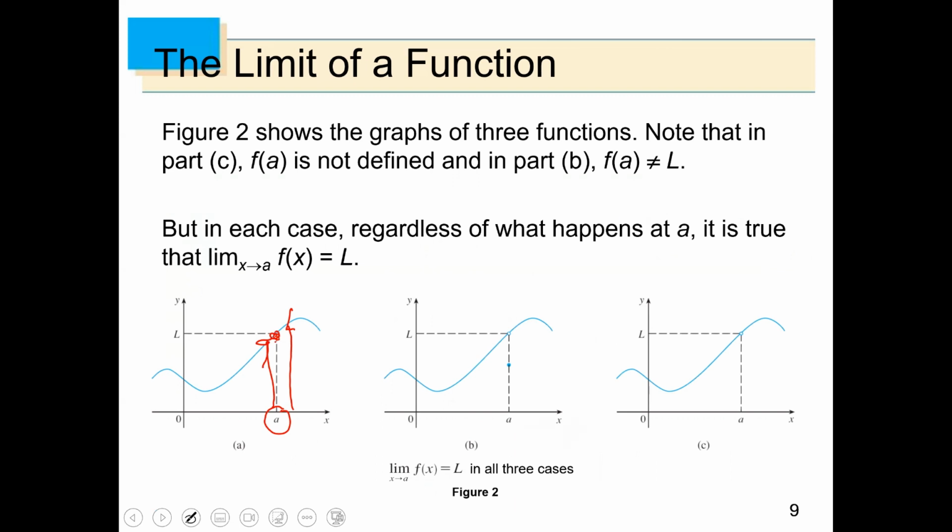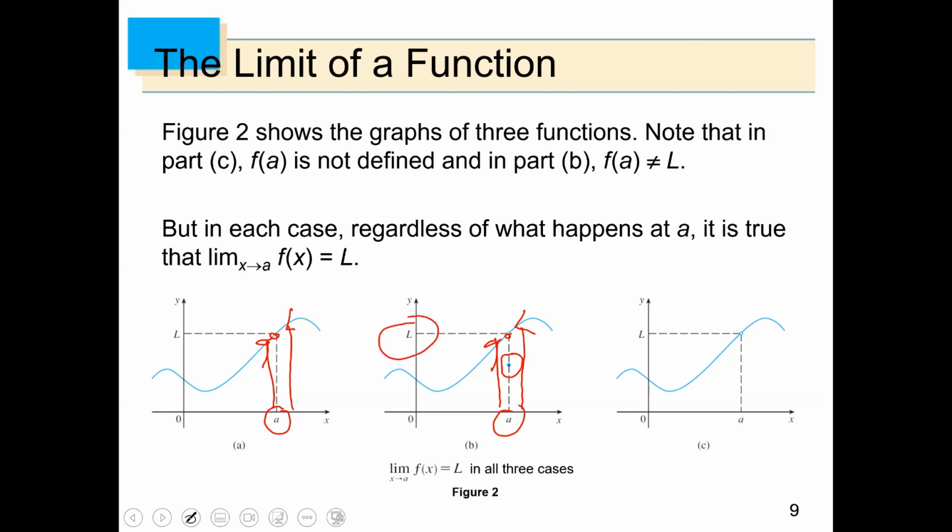In the next graph, graph number B, again x is approaching a, we see here that the function is defined at a, but its value is different from L. Although there is this difference, the limit is taken by looking at right and left, and if they meet at a point, this point is the limit.